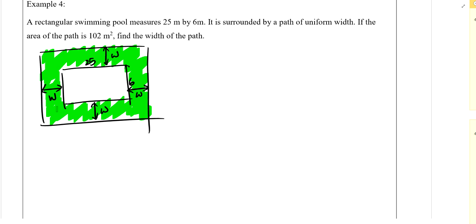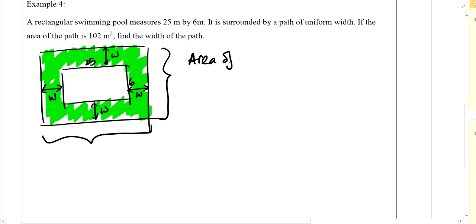Now how do we find the big area then? What is the length for this big rectangle? What is the breadth for this big rectangle? Area of the big rectangle equals, what is the length of the big rectangle? 25 plus 2W. In this case, I use W. If you use x as the width, go ahead and use x. So that is the length.